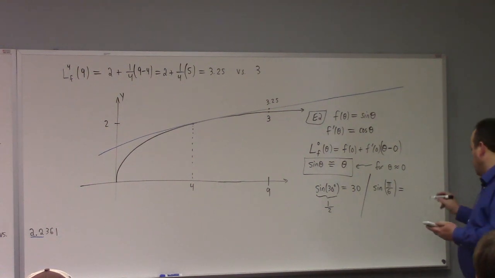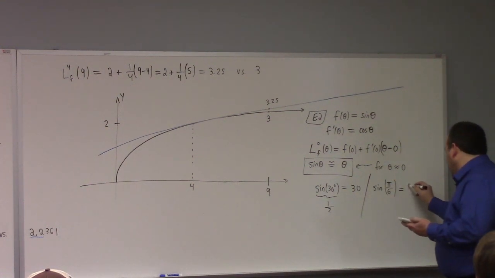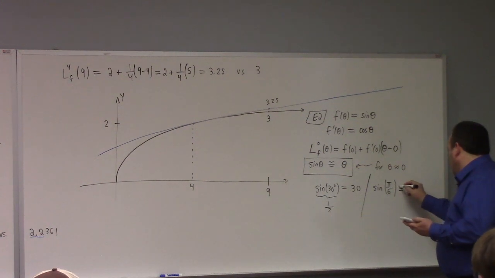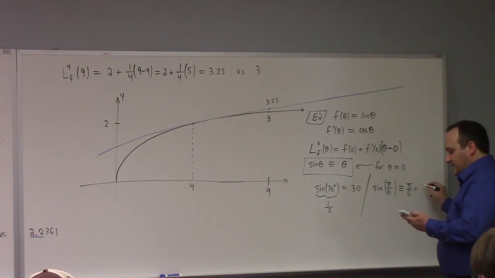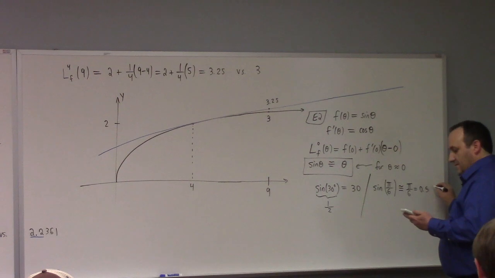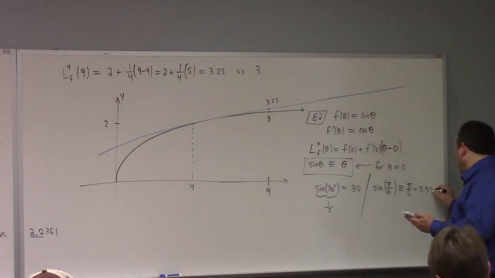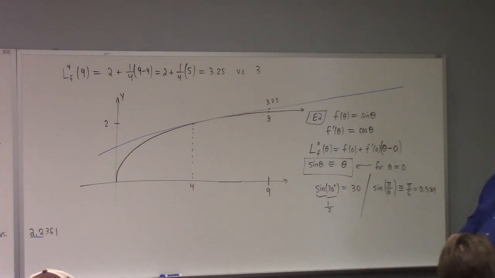Pi over 6 approximately is 0.524-ish. All right? So, well, actually, that's not too shabby, right? Because sine of pi over 6 is actually 1/2, which is 0.5.